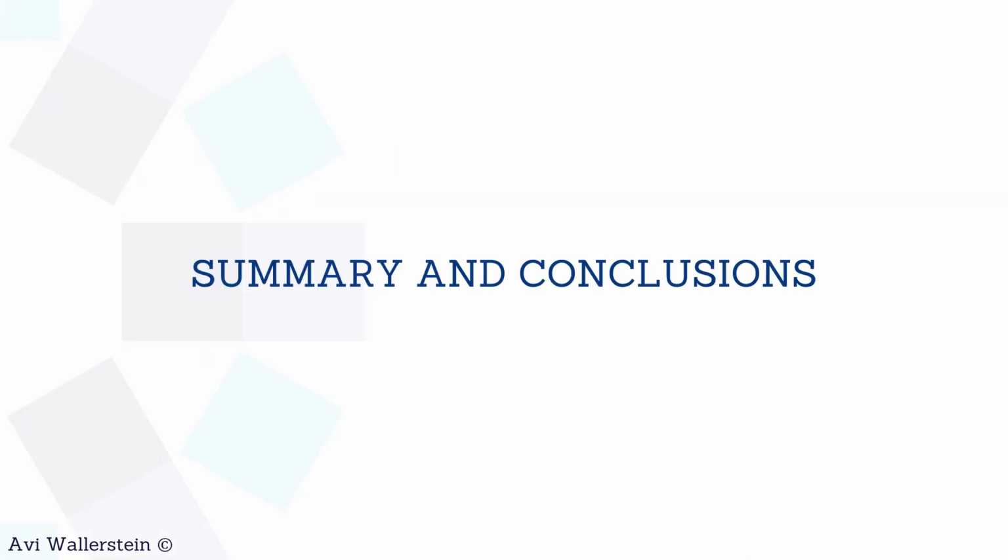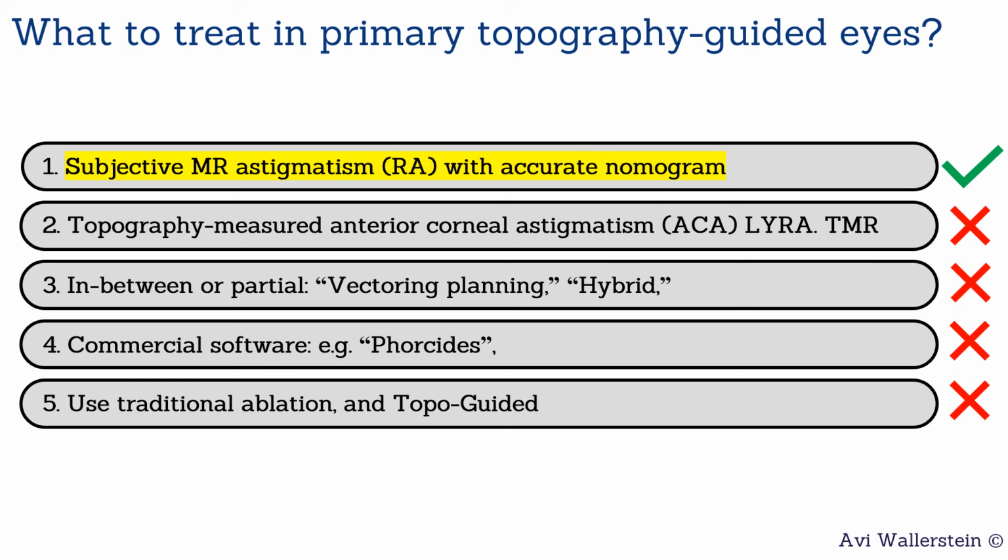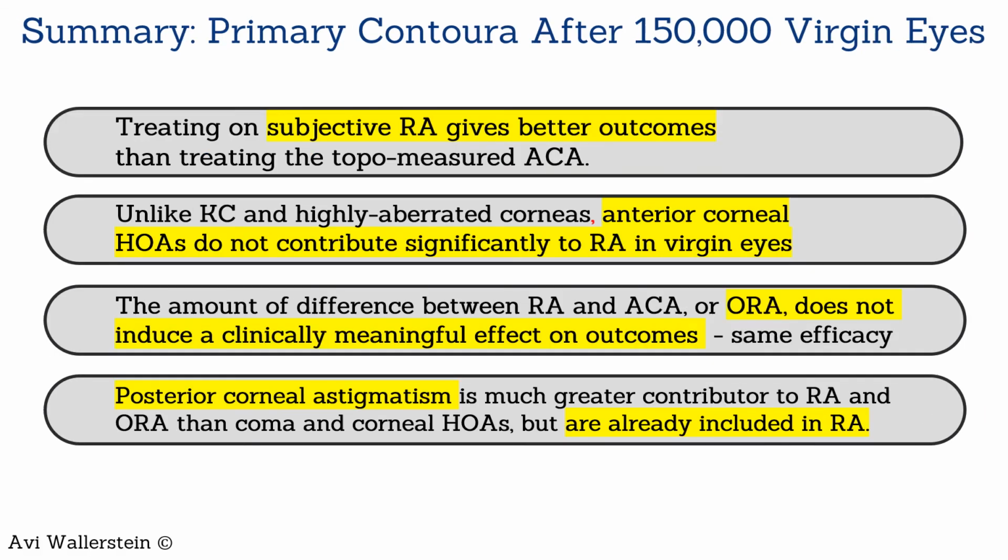In summary, what do we treat when the RA and ACA disagree? The best outcomes are achieved using the manifest refractive astigmatism, magnitude and axis, as long as the nomogram is accurate. Treating on the subjective RA gives better outcomes than treating the topo-measured ACA.